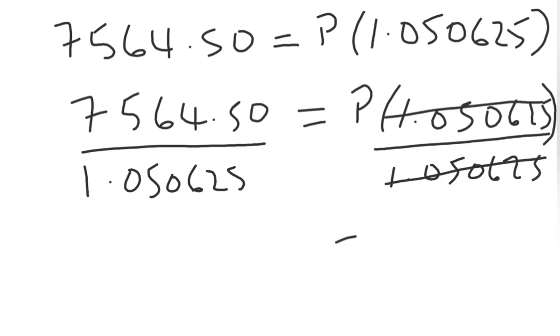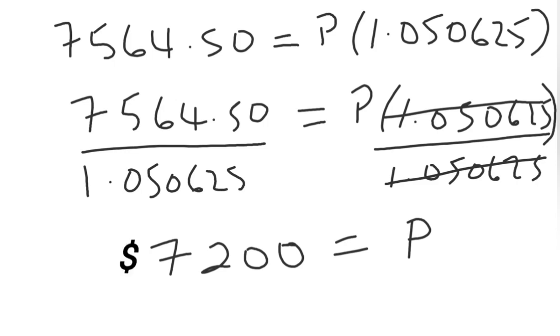So we're going to be left over here with P. And if we divide 7,564.50 by 1.050625, we're going to get 7,200. So the amount that was invested was $7,200.